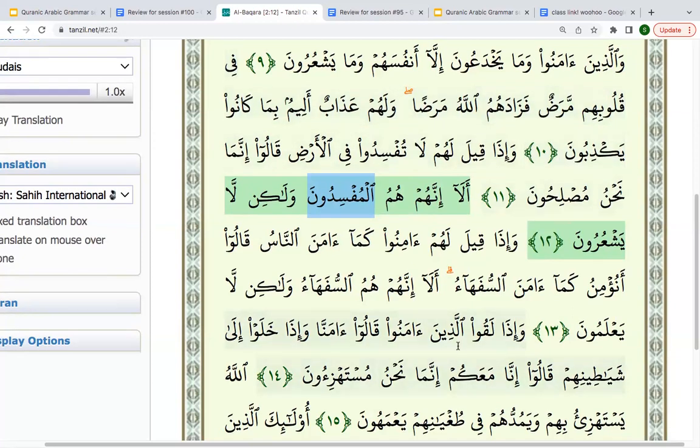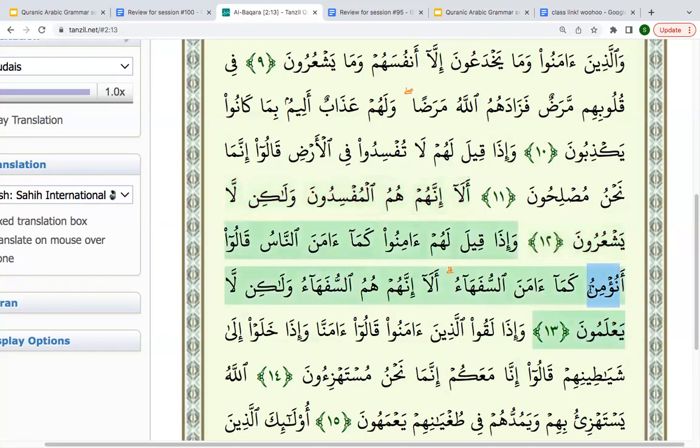Okay. Now, ya'lamuna. From which family? Mazid or mujarrad? Great job. Nu'minu. Mazid. Because alamatul mudhari got a dhamma.